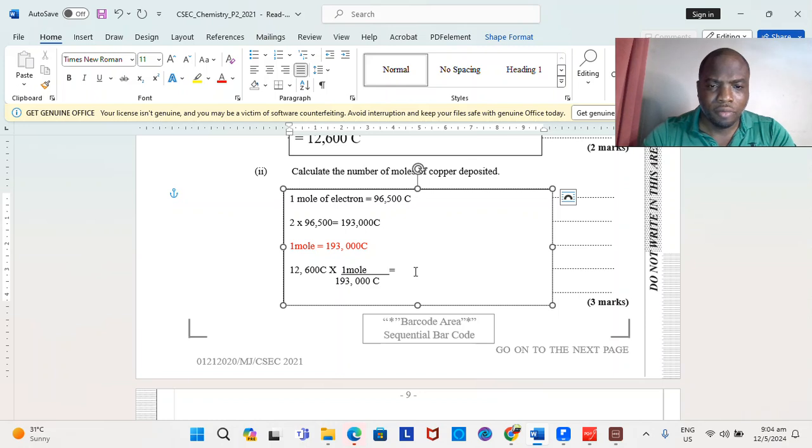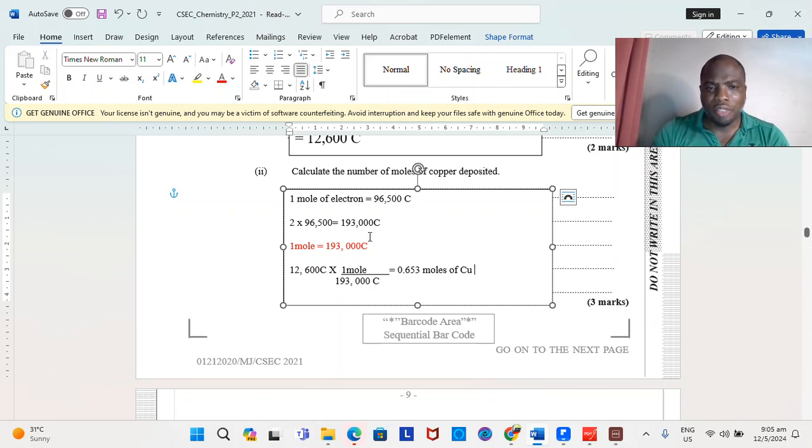Sir, I got 0.653 moles. 0.653 moles. Same here. This is moles of the copper, right?